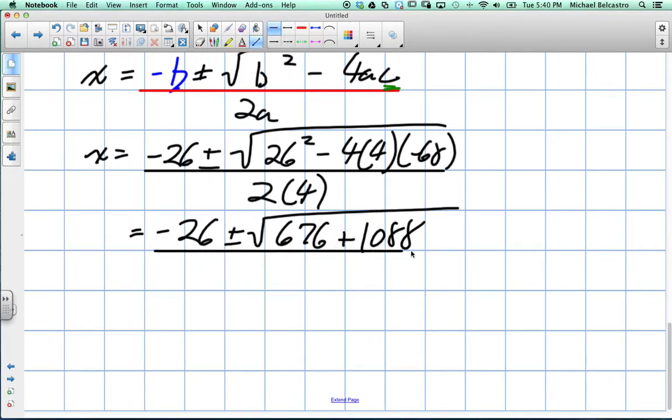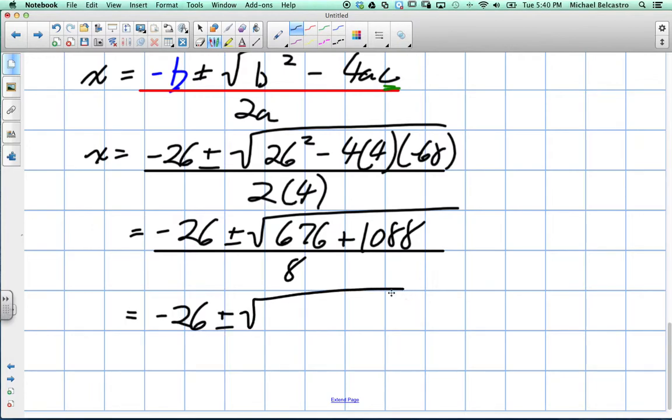All divided by 8. Well, we've got to find our root. Negative 26 plus or minus the root of 1,764, divided by 8.